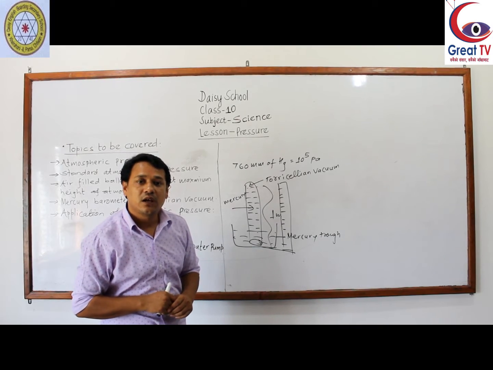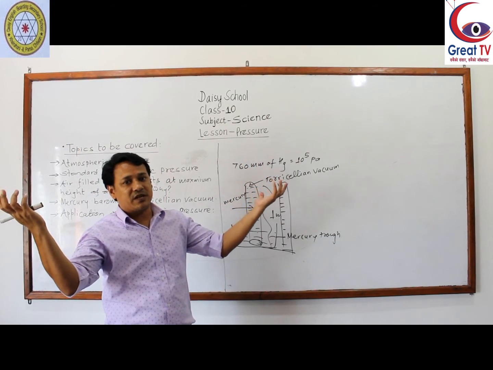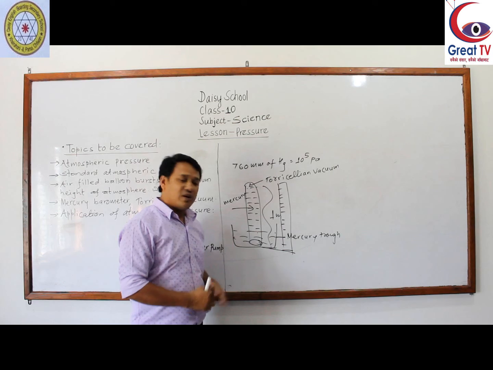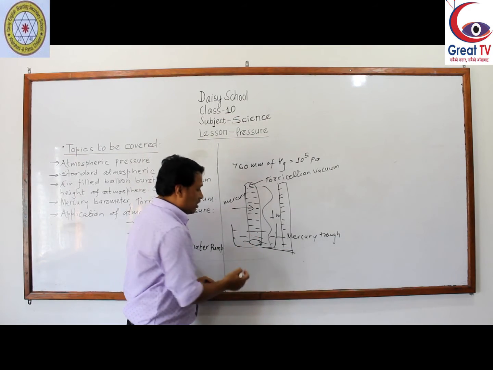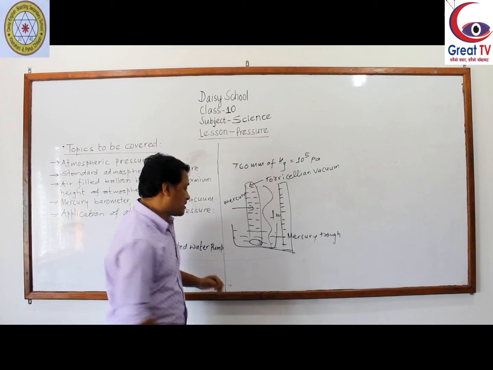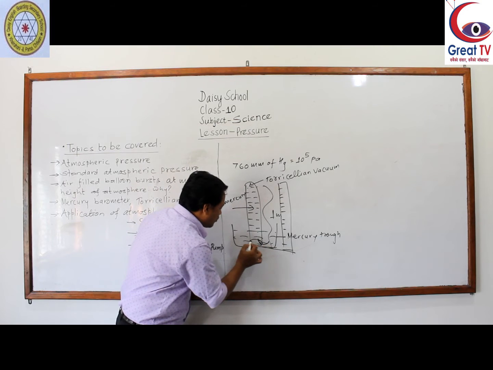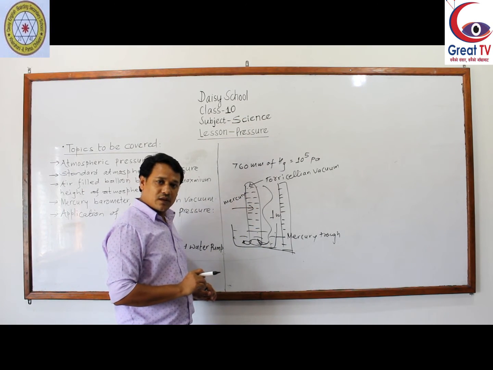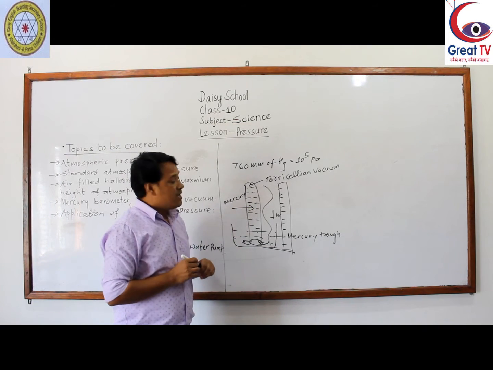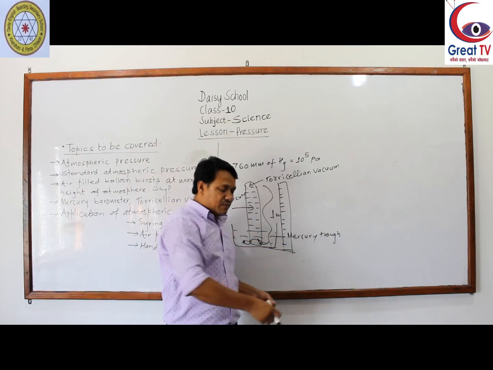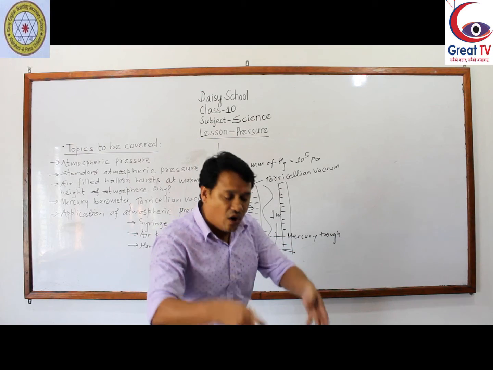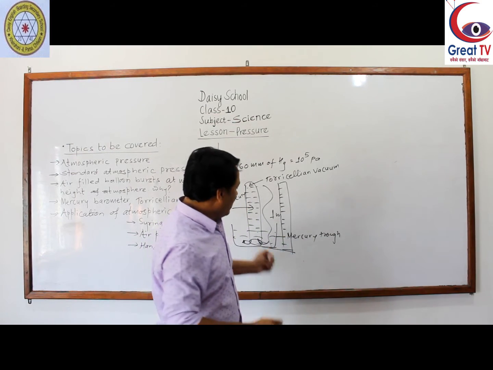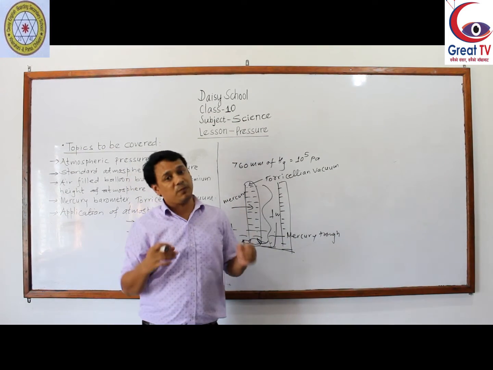Why? Because the outer atmospheric pressure is less and the inner pressure of the mercury is more. That's why liquid flows from high pressure to low pressure, so mercury starts to flow out of the tube. That's why the level decreases and it measures the lower pressure. Similarly, when you take this barometer to a lower altitude, there is more pressure.